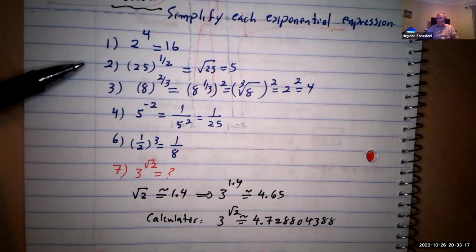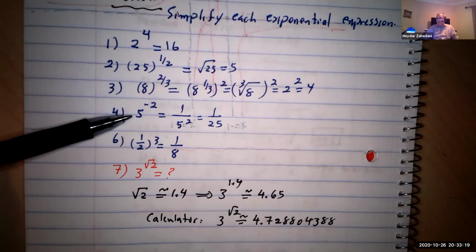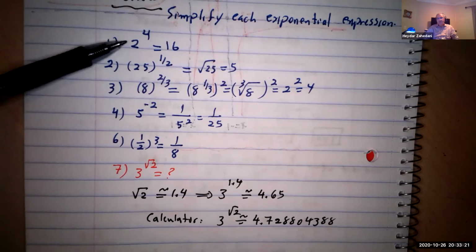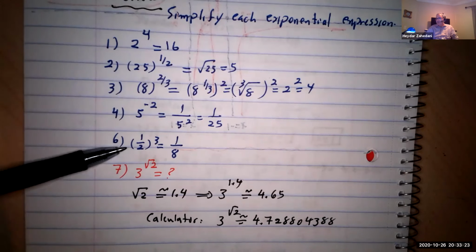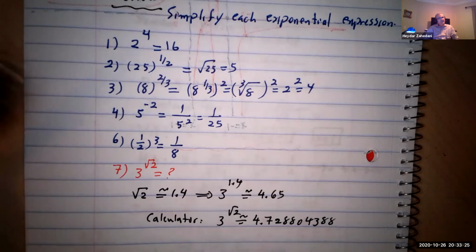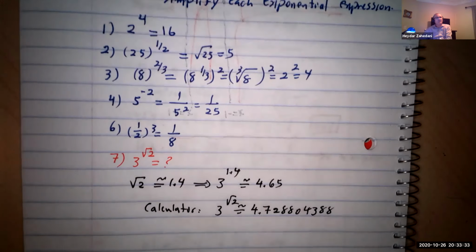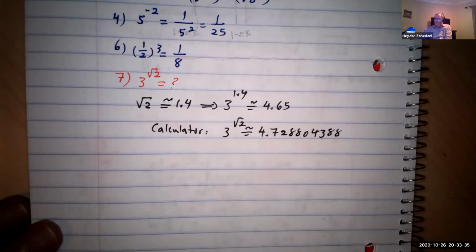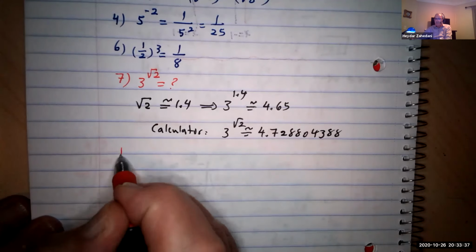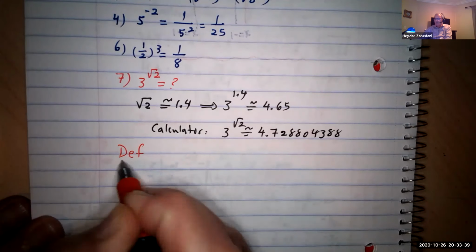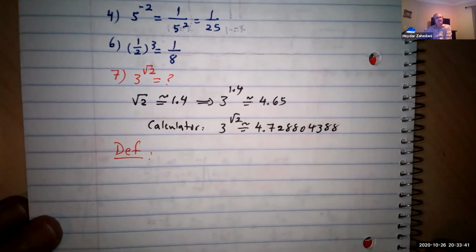And the base can be greater than 1, like 5, 8, 25, 2, or it can be less than 1, 1 half, 1 third, etc. So that is a motivation for us to introduce a new machine. That new machine is the exponential function.